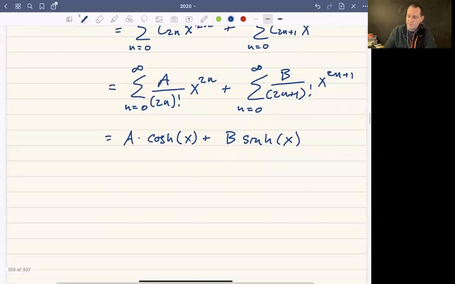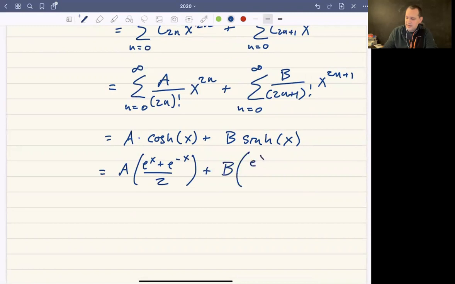And of course, hyperbolic cosine and hyperbolic sine are defined as sums of exponentials. So if you wanted to, you could write cosh as e to the x plus e to the negative x over 2, plus sinh is e to the x minus e to the negative x over 2. Okay, and then it works out that you can actually distribute the a, you can separate all the terms.